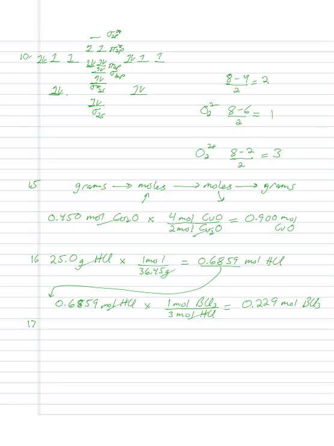Okay, so now I know how many moles of HCl I want. And what I want to know is how many moles of BCl3 I am going to need to make that many moles of HCl. So for this, we'll use the coefficients for the stoichiometry.